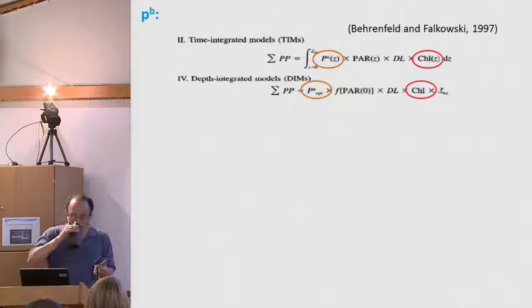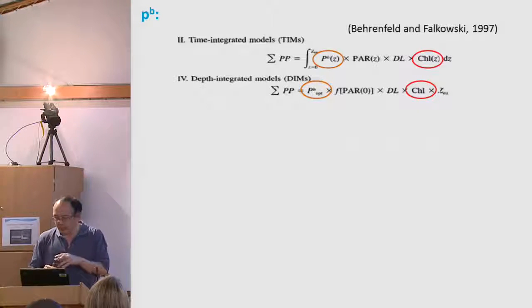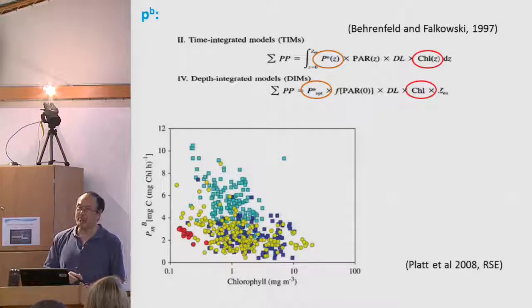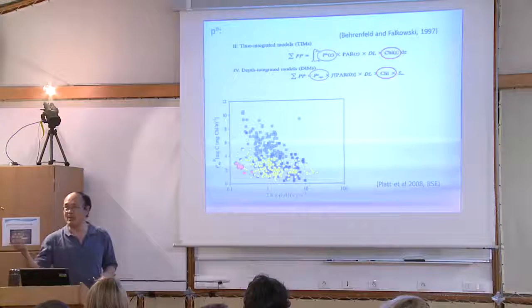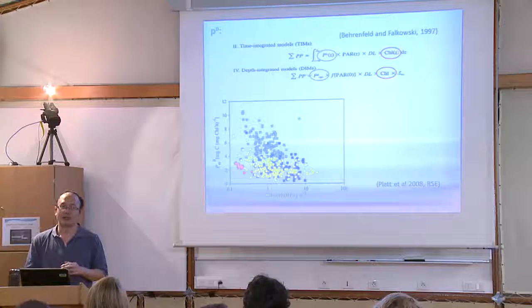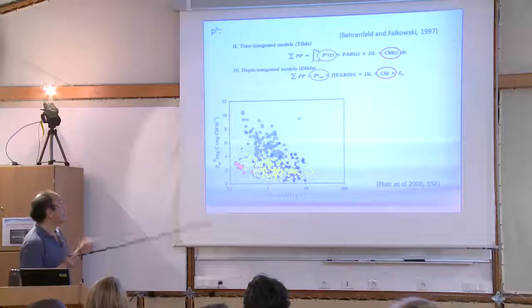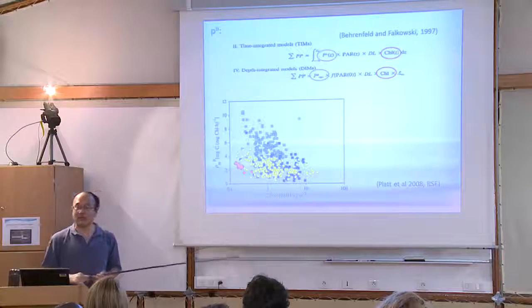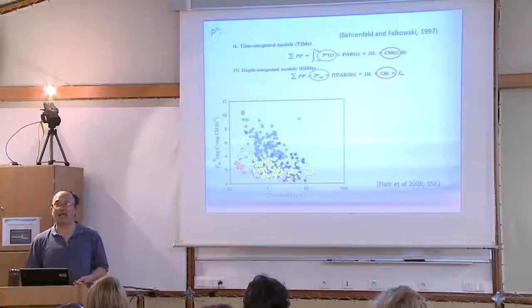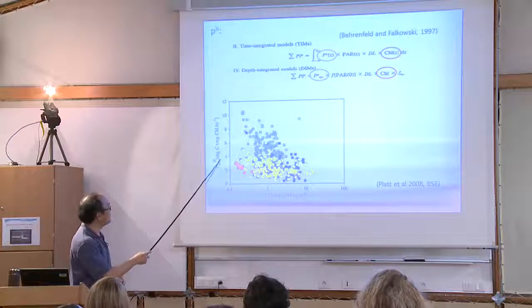Another thing about the traditional chlorophyll-based primary production model: it also needs a parameter called PB or PBmax, the photosynthesis parameter. This PB is actually phi, the quantum yield, times aph star. That's what PBm is.